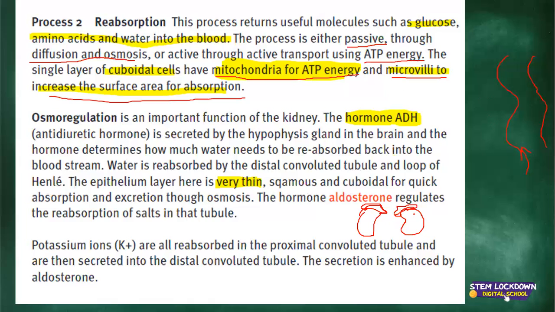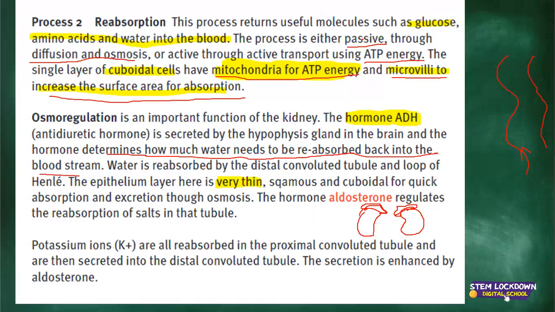Why are these hormones important? They regulate the water concentration in the blood, and they also regulate salt concentration. So they are responsible for both processes. ADH will determine how much water needs to be reabsorbed back into the bloodstream.